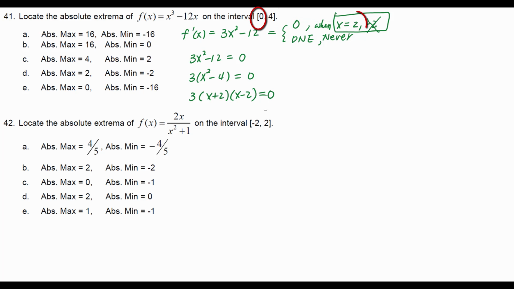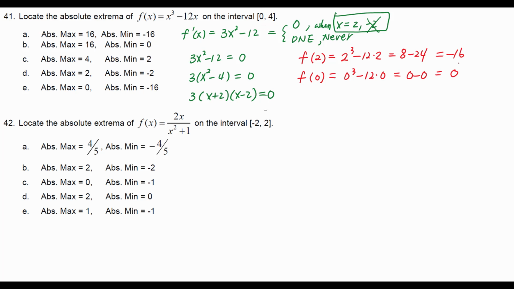And now you need to find f of 0, f of 2, and f of 4. So let's find the function values at the critical number and at the endpoints. F of 2, the critical number, is 2 cubed minus 12 times 2, which is 8 minus 24, which is negative 16. And f of 0 is 0 cubed minus 12 times 0, which is 0 minus 0, which is 0.